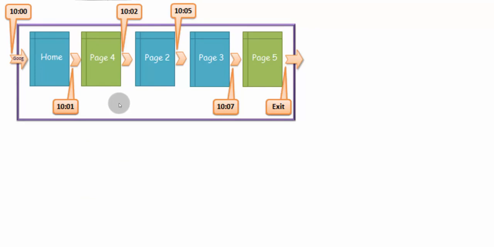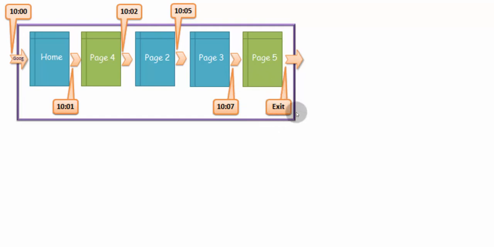Let's assume that a visitor enters at 10 a.m. into the home page of your website. Then at 10:01 he goes to page 4 and at 10:02 he comes back to page 2. Then at 10:05 a.m. he moves to page 3 and then at 10:07 a.m. he moves to page 5.